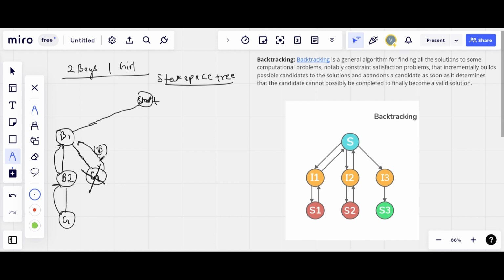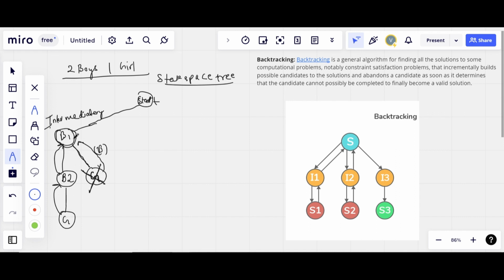and will backtrack to the intermediate level, that is B1. This is our intermediary level, because at this level we had choices to make. From this level, either we can find a feasible solution or not.